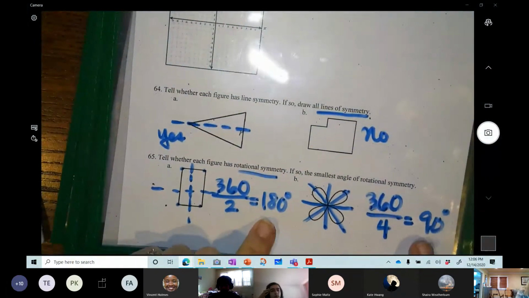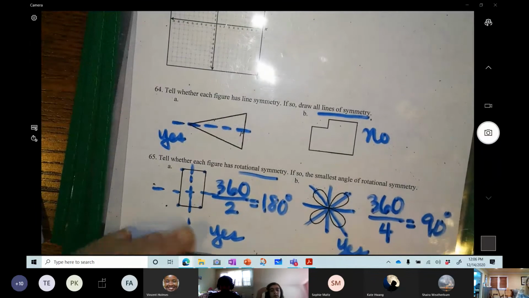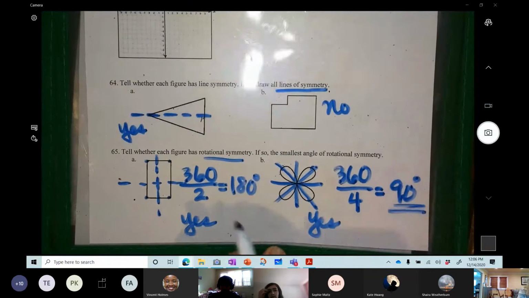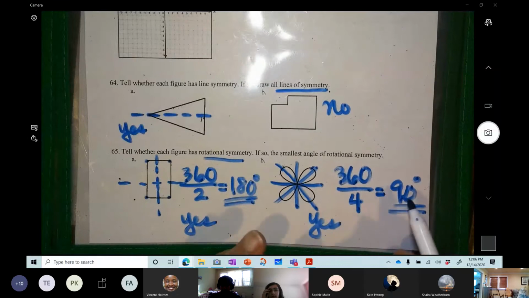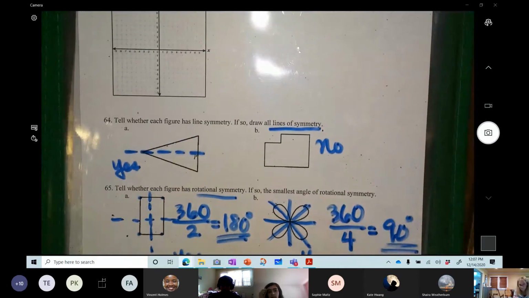They both have rotational symmetry because you can spin them around and they look exactly the same at this degree. But if I wanted to know all the degrees, it'd be 90, 180, 270, and 360 if it asked you for those 4. Any questions? That was the last thing we went over, rotational symmetry.